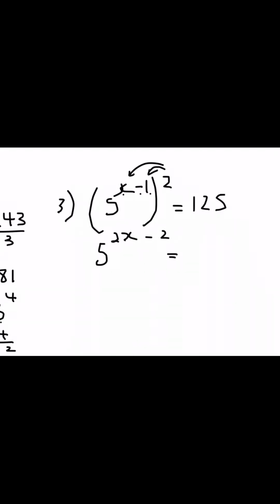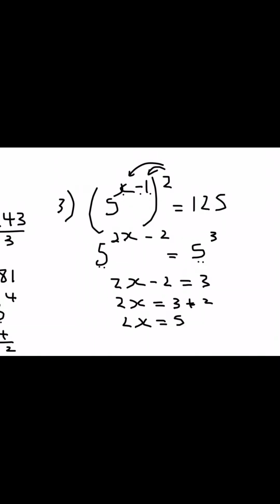So I think 125, let's straight away work it out. 125 should definitely be 5 to the exponent of something, so that these bases are the same. What will it be? Let's say 5 to the exponent of 3. Yes, so that means it is 5 to the exponent of 3. Now the bases are the same. What do you do? You equate their exponents, then you start solving. Now you have your linear equation, where the 2 goes to the other side, it changes sign, it becomes a plus, and then you have 5 there.